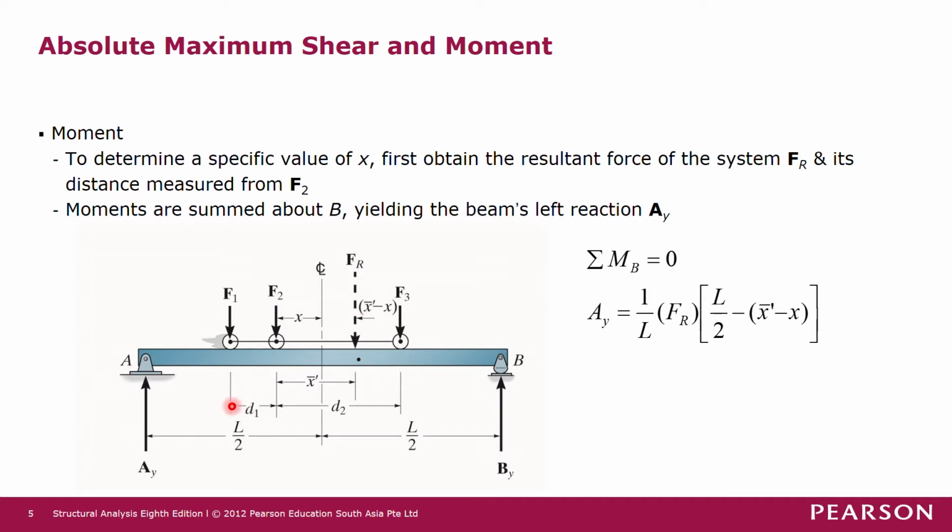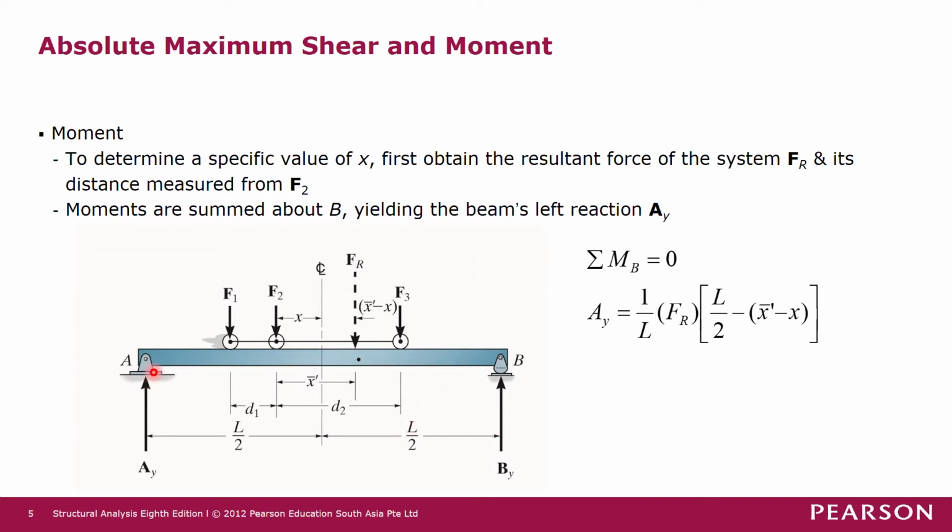The distance from F1 to F2 is D1. This one is fixed, it doesn't change because it is the same as in the system of forces. The distance from F2 to F3 is D2. These are fixed values. This is the center line of the beam, so this distance is L over 2, and this distance is also L over 2.